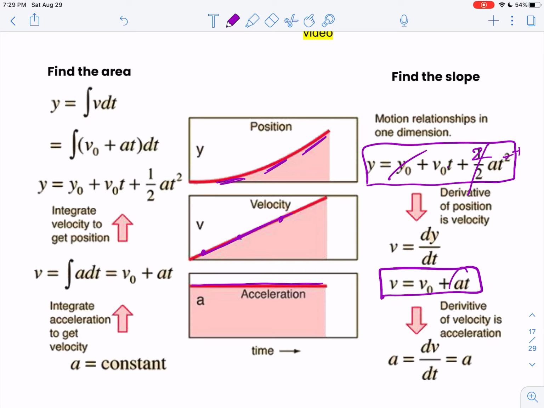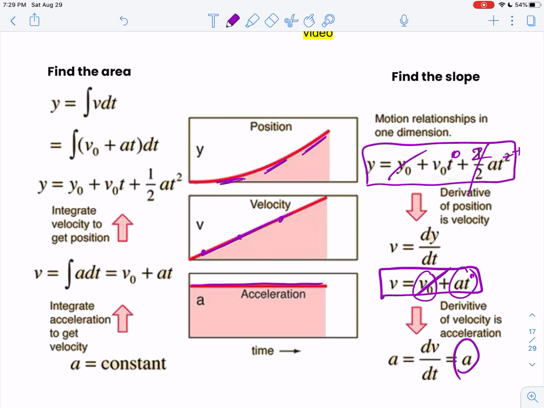So that cancels out, and you get at. This exponent t to the 1 turns into a t to the 0, which is just 1, and then you get a constant. And then same thing when you take the derivative again, the constant goes away. And then at, that's again t to the 1, becomes t to the 0, so that just gives you a constant acceleration. I'll show that a little better on the next page.